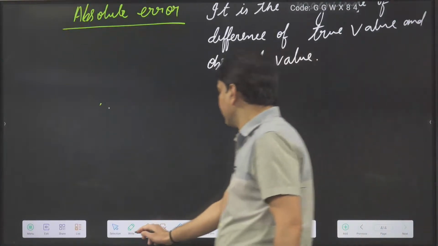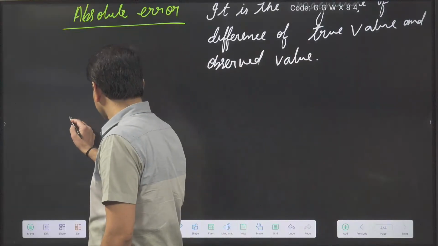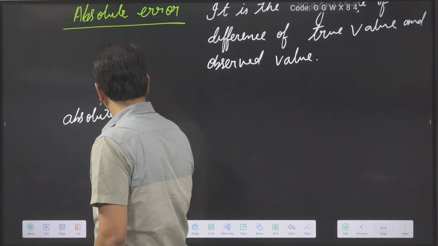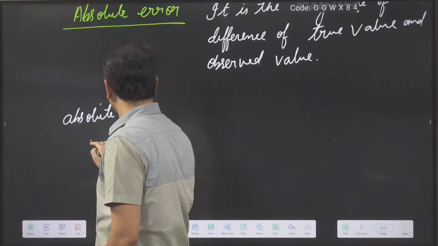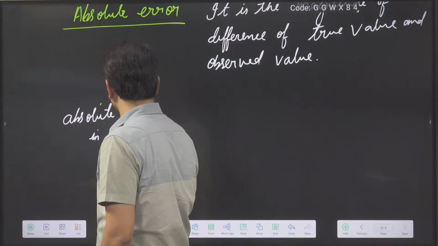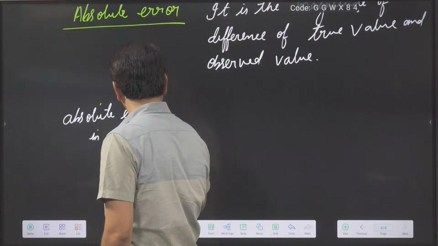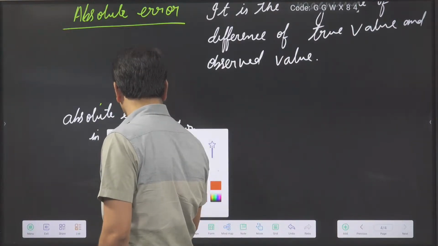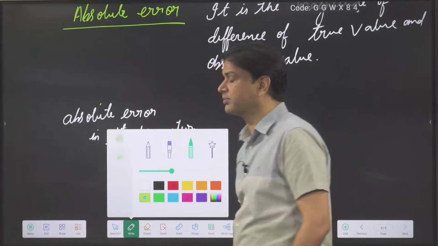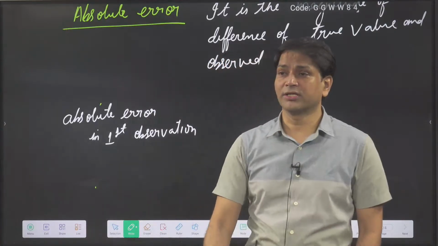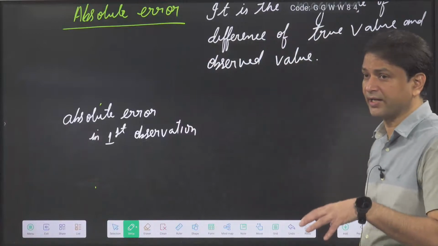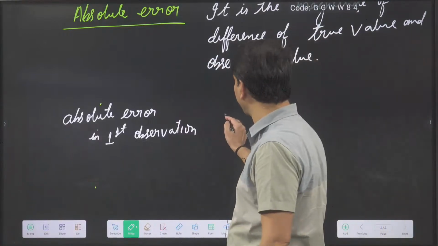Got it? Okay. Now suppose I am saying absolute error in the first observation. What is the absolute error in the first observation?